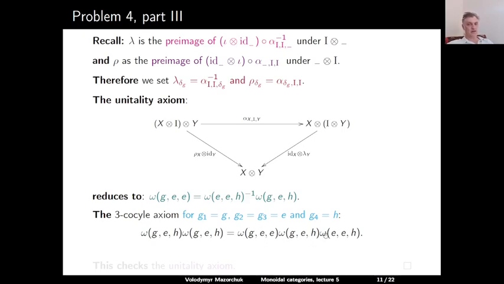Then we can move omega at EEH to the left-hand side with the inverse and get exactly our equation. So this shows that the three-cocycle axiom implies the unitality axiom for our category, and this completes the proof.